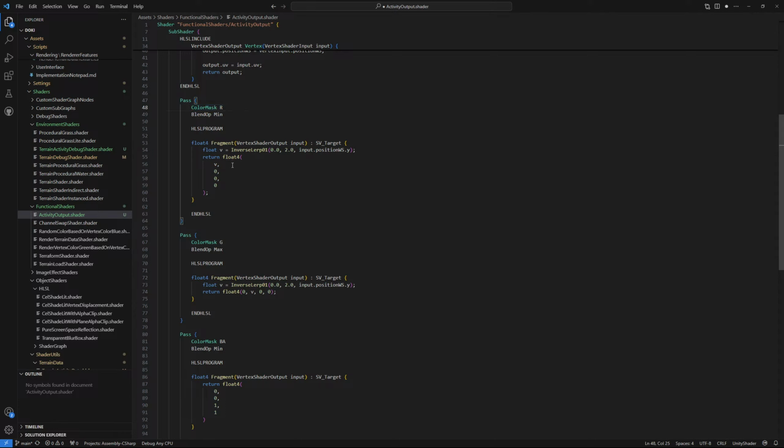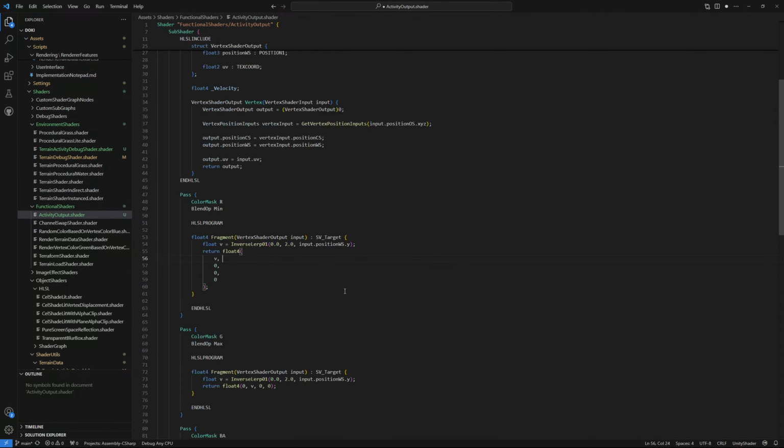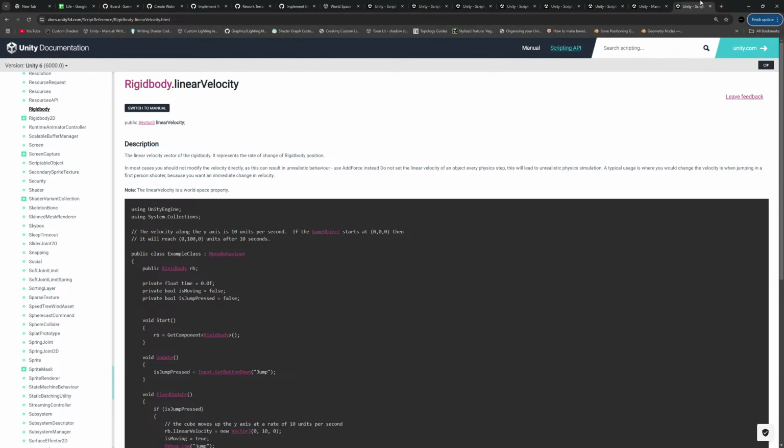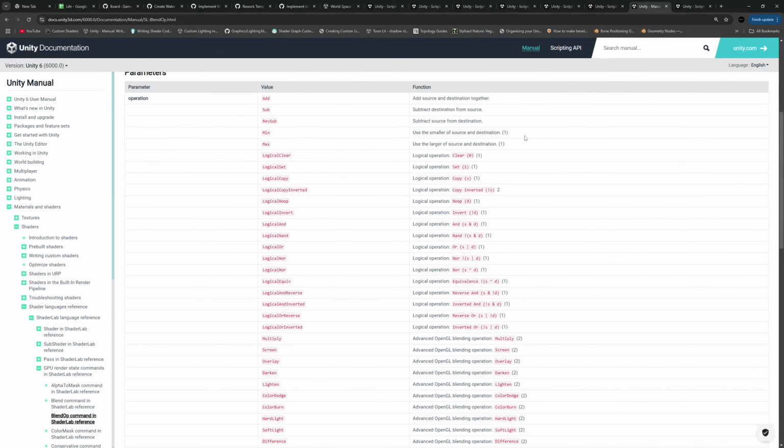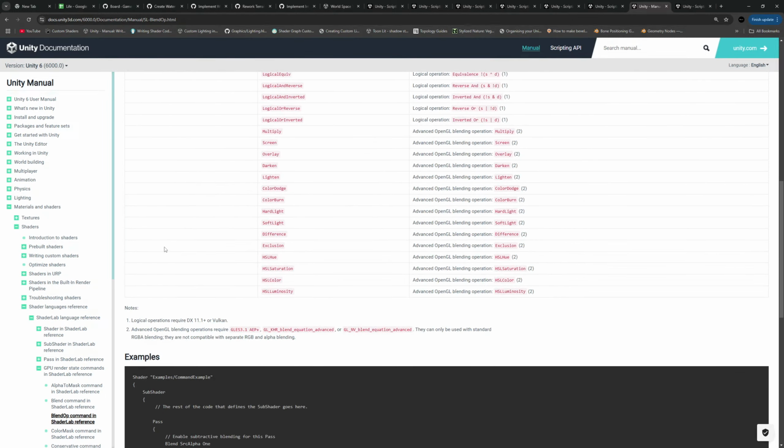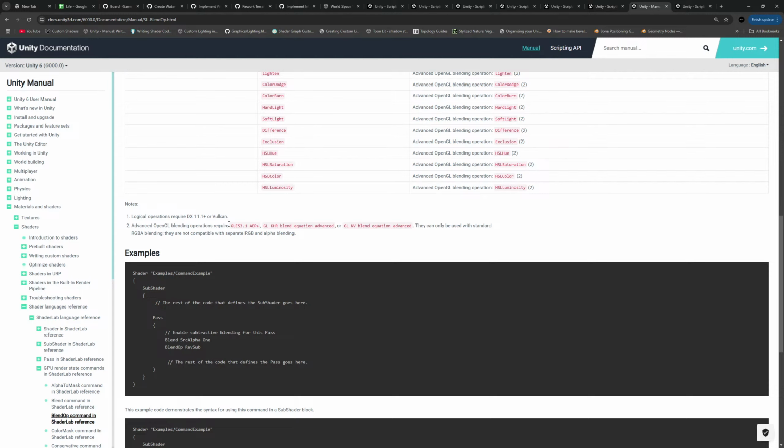Color mask R. Yeah, we had some problem with this logic as well, didn't we? I think we limit ourselves to, let's take a look, blend op 1. We limit ourselves to DirectX 11.1.